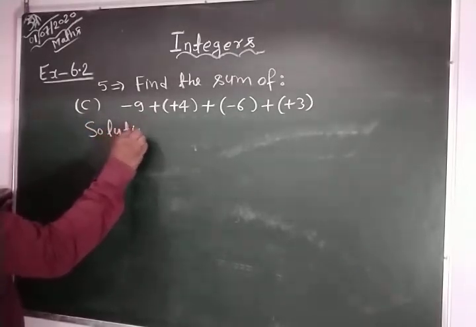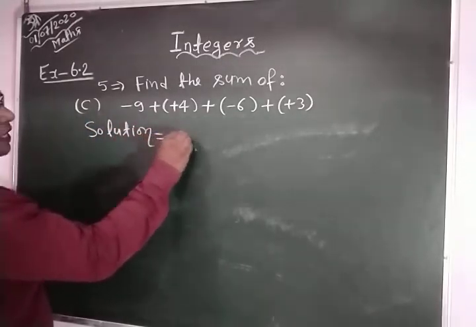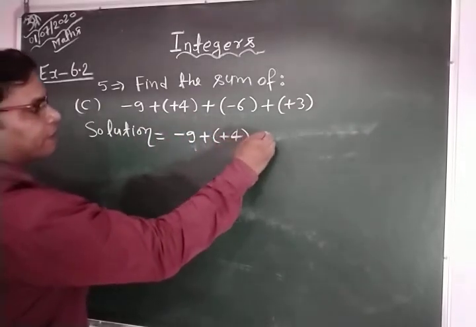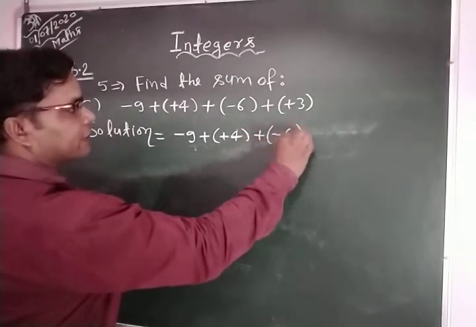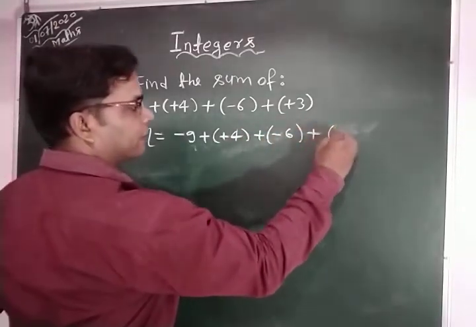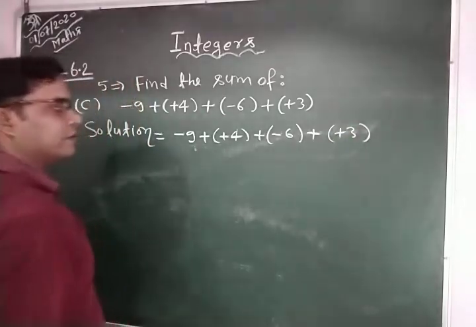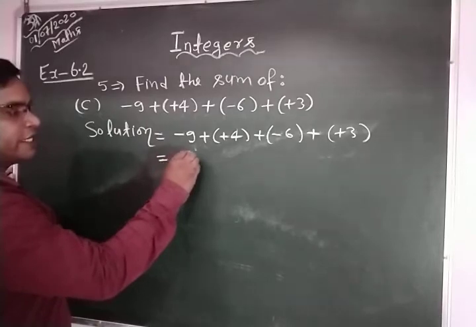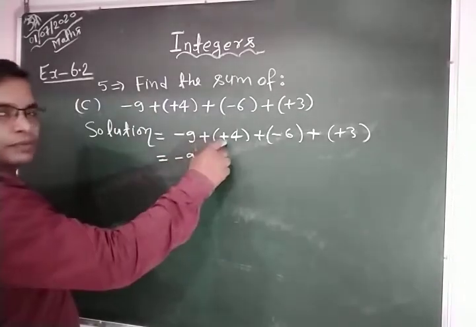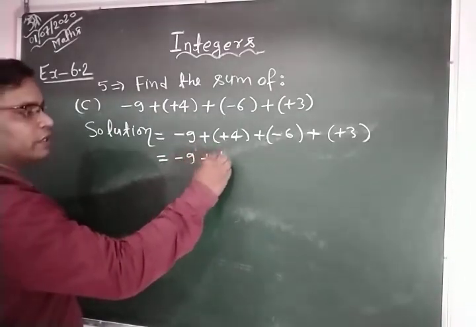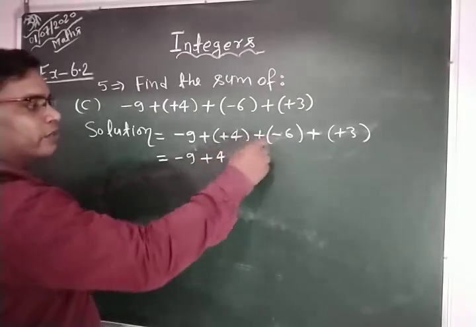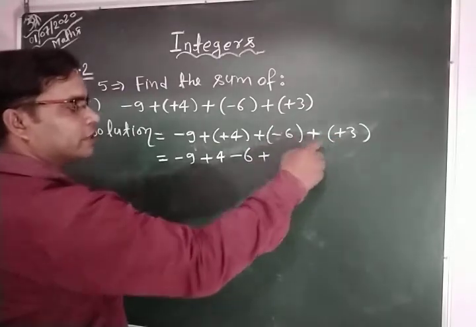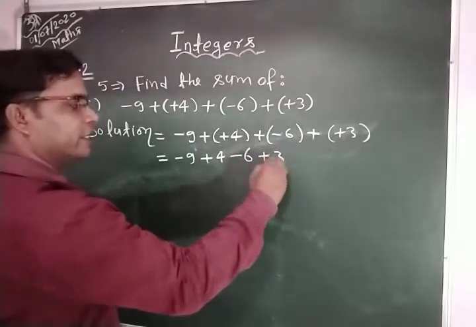Solution is equal to minus 9 plus 4 plus minus 6 plus 3. Okay, so here minus 9 we write as it is, and plus into plus is equal to plus 4, plus into minus is equal to minus 6. Here plus into plus is equal to plus, we write here 3.